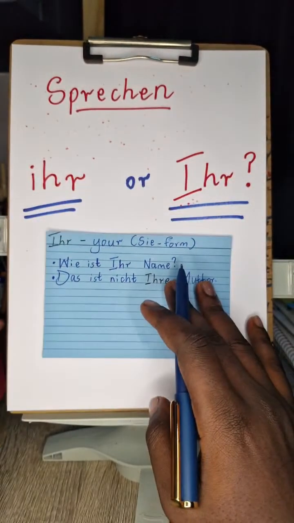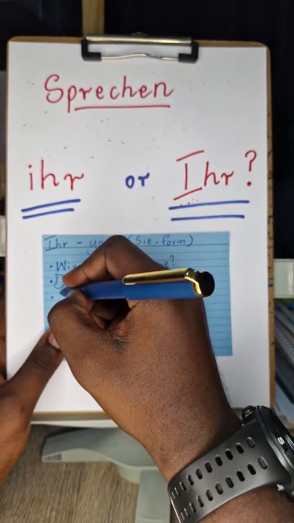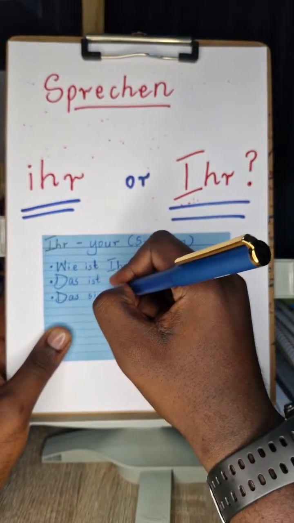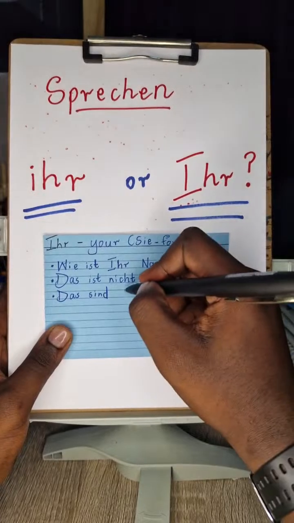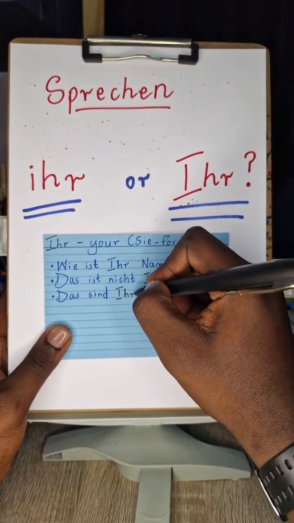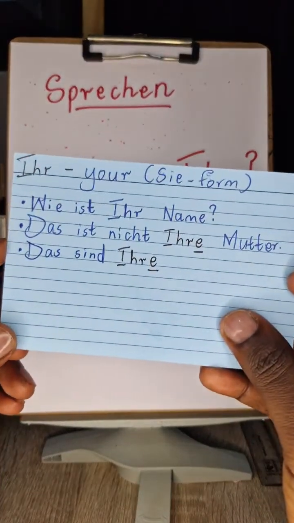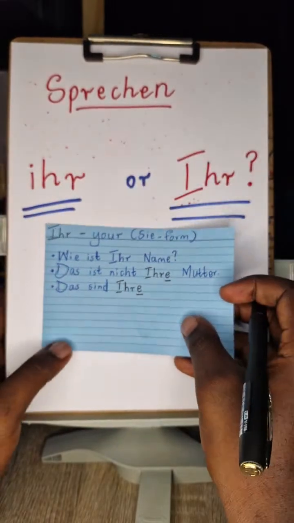Das sind, these are your books. Because books is plural, normally in plural, we add an e in nominative. So I would say, das sind ihre, these are your books.